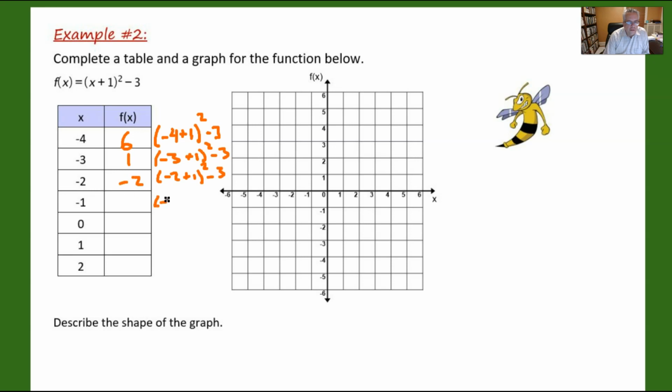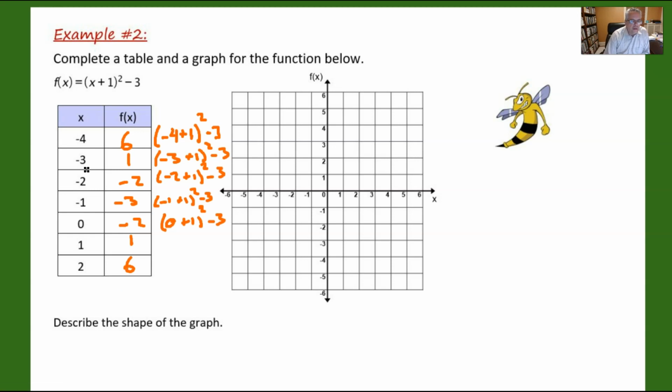When I put negative 1 in, that's going to be 0 squared minus 3, which is negative 3. And then I think we're going to see the function turning around. At 0, we get 0 plus 1 squared minus 3, which is 1 minus 3. That's negative 2. If we put in these other ones, we'll get 1 and 6.